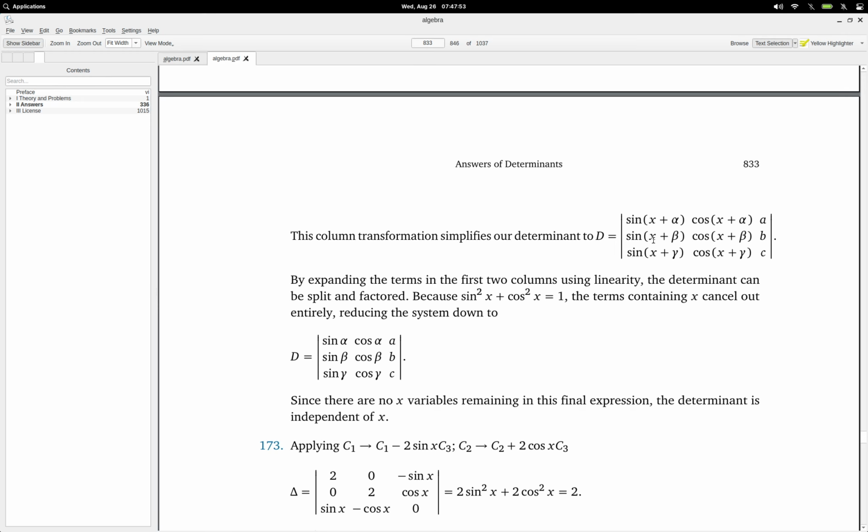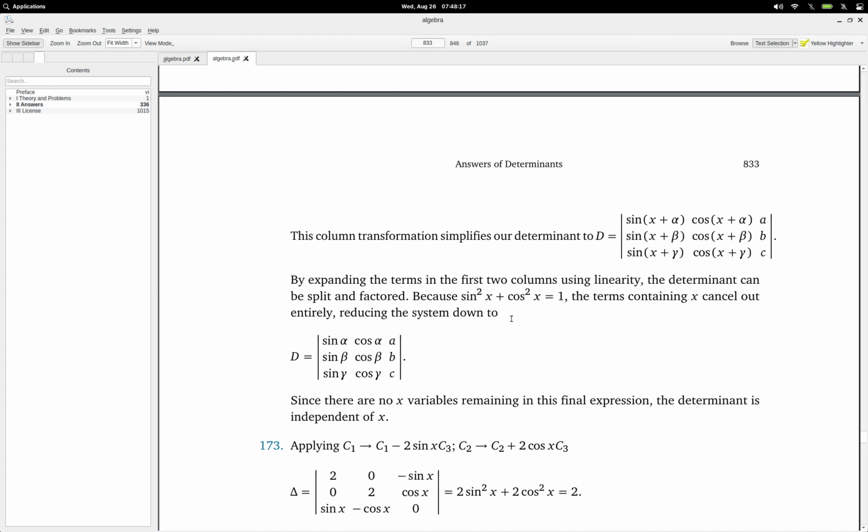And then you will see that 2 determinants cancel each other and the other 2 determinants become 1 by sin square x plus cos square x is equal to 1. So essentially it will reduce to sin alpha cos alpha A, sin beta cos beta B, and sin gamma cos gamma C. And there is no x here. So it becomes independent of x.